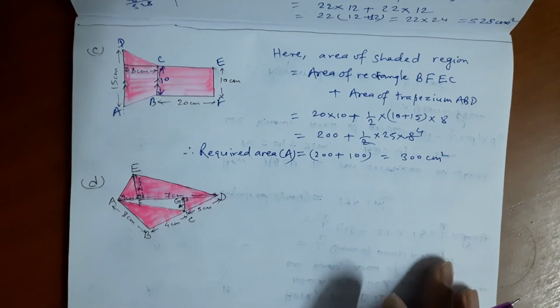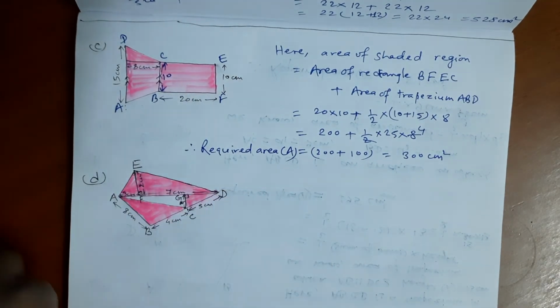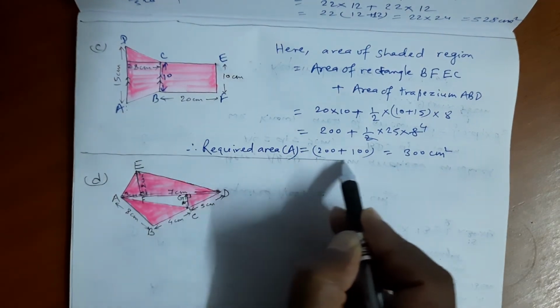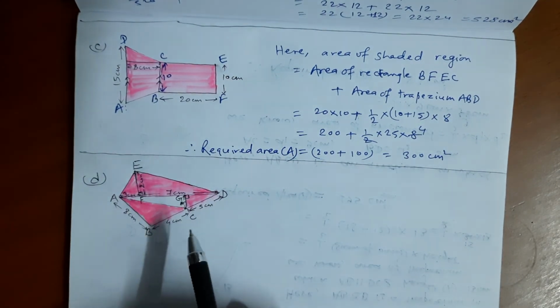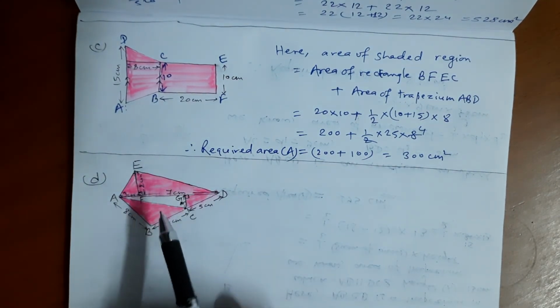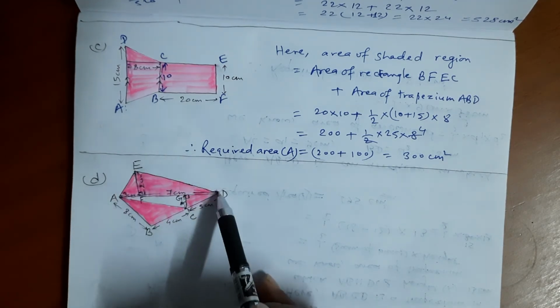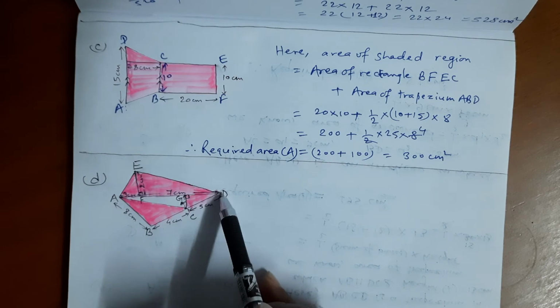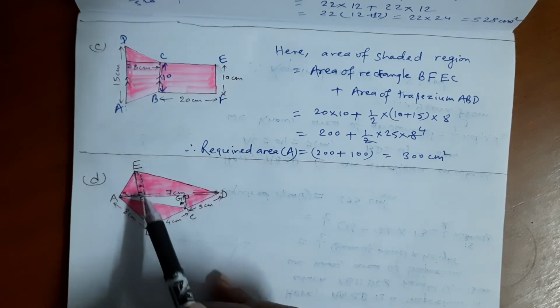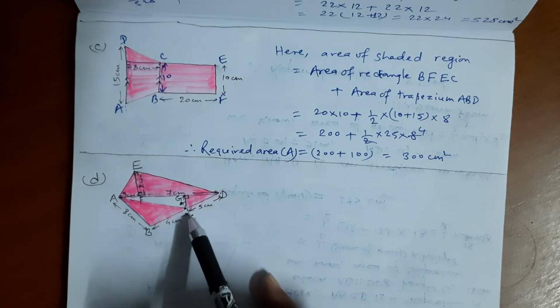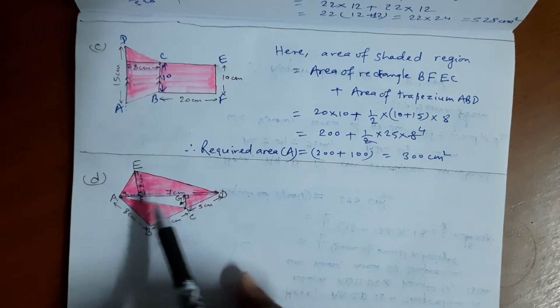Now let's move to the next question. In this we have two triangles, AED and ABD, and EF is drawn perpendicular to AD, and CG is perpendicular to AD.